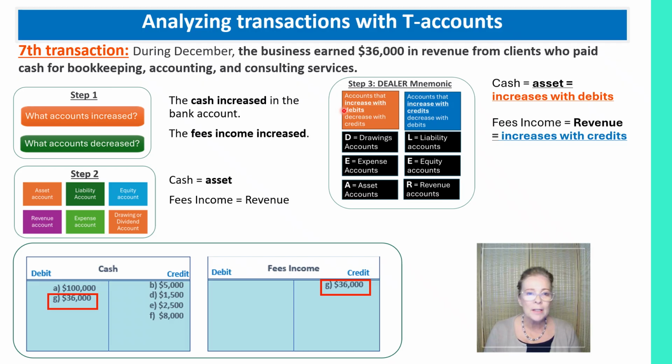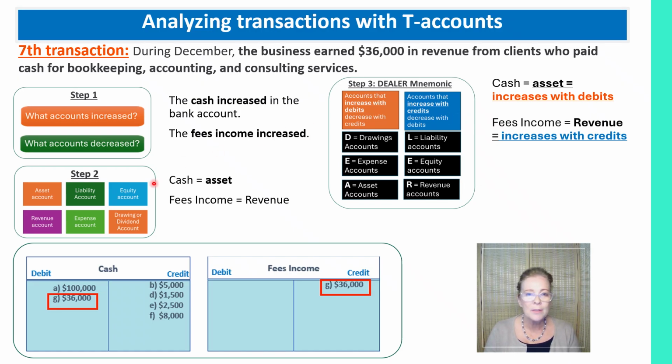The second part is the increase in revenue. Revenue is shown on the right side of the dealer mnemonic, and the graph tells us that revenue accounts increase with credits. So we credit the revenue account fees income. So debit cash and credit fees income.